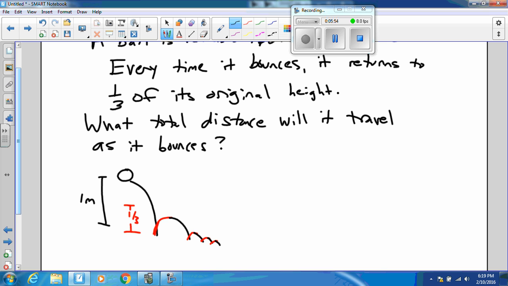And you might be thinking, well, if it bounces forever, then it will travel an infinite distance, but not so. We can actually capture the amount of distance by considering, first of all, the distance down in black, and then the distance up in red. If we consider the down distance in black, then what we have is a distance of 1 meter, plus the next one is going to be 1/3 of a meter, plus the next one will be 1/9 of a meter, plus 1/27, and so on.